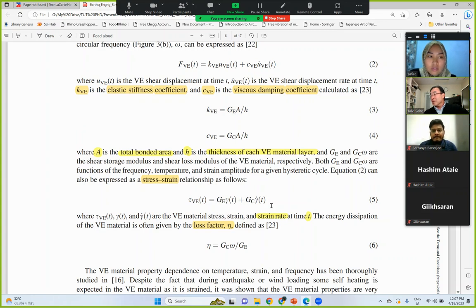If viscoelastic, this will be the velocity part multiplied by some power of alpha and also some coefficient c. But this is just velocity, so it looks like an oil damper, or I don't know. They call it a viscoelastic material.